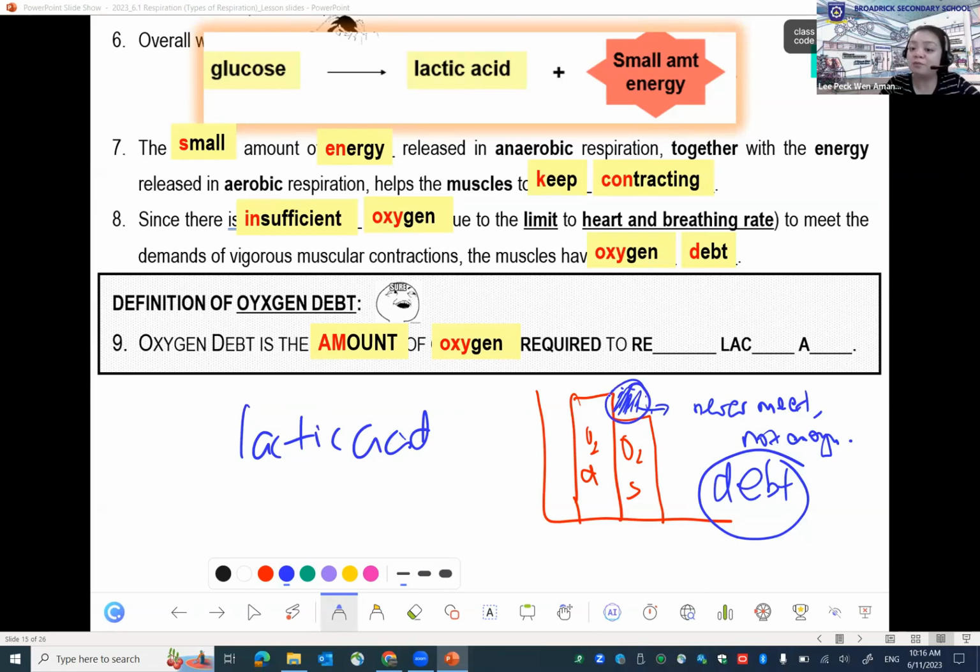And since you have a debt, you switch this to anaerobic. Correct? Because this amount you supply by aerobic, now you supply this amount by anaerobic, and anaerobic releases lactic acid. So therefore, we say that oxygen debt is the amount of oxygen required to remove this lactic acid because of anaerobic respiration. Okay?